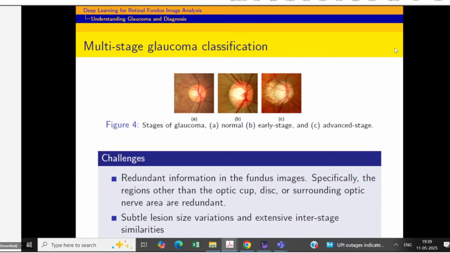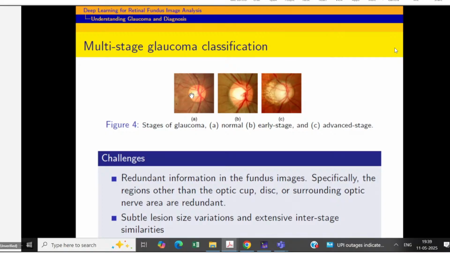So sometimes it is difficult to create those data sets, maybe having some images for the moderate category or even some other categories. Mostly, these are the three categories which are used: normal, early stage, and advanced stage. But while solving this problem, you will find a lot of challenges.